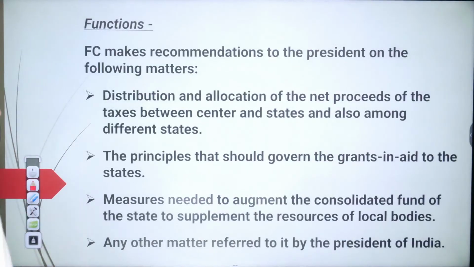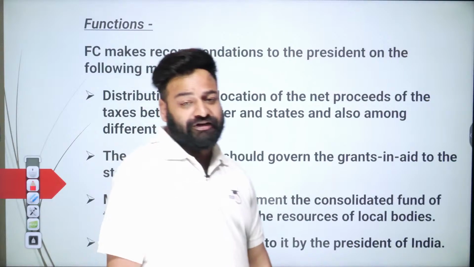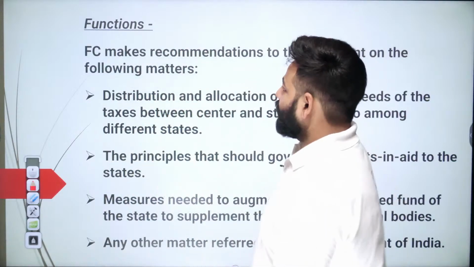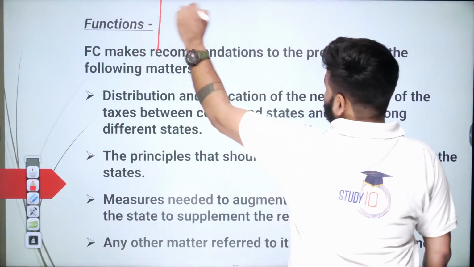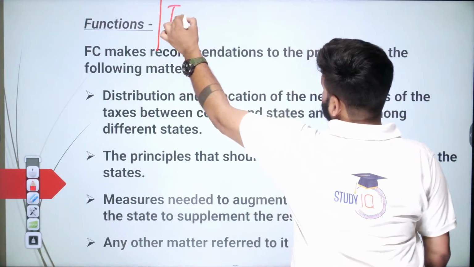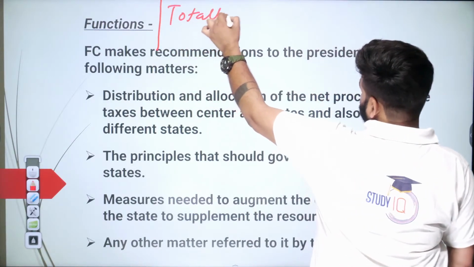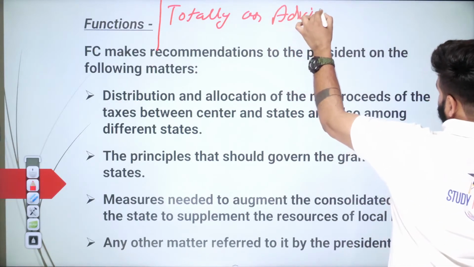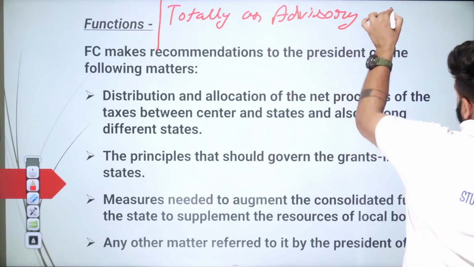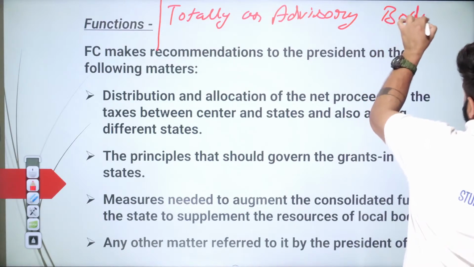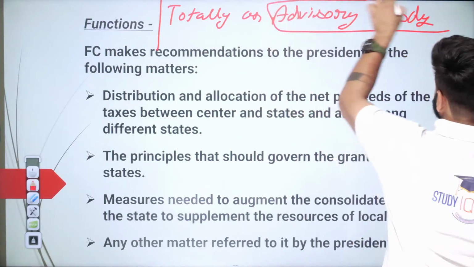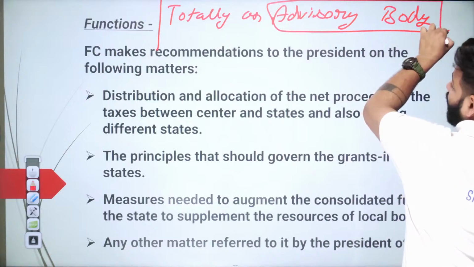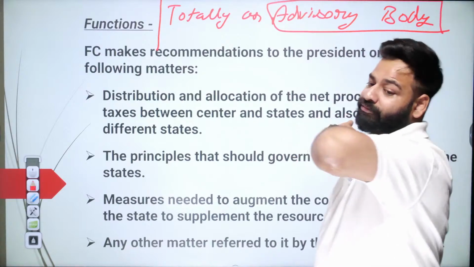Functions. One thing that is to be noted before we read the functions. The Finance Commission is totally an advisory body, as in the recommendations given by the Finance Commission, they are not binding on the government.